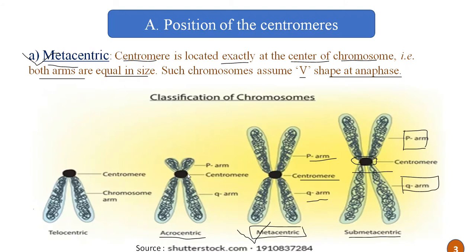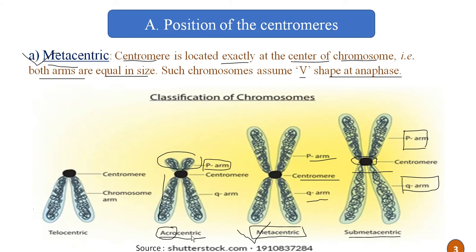Acrocentric means the centromere is located near to one end, and due to this, we can see here the P arm is very short, and this Q arm is very long. So due to the position of the centromere, the chromosome has a very short arm and a very long arm, and that's why it is called acrocentric.